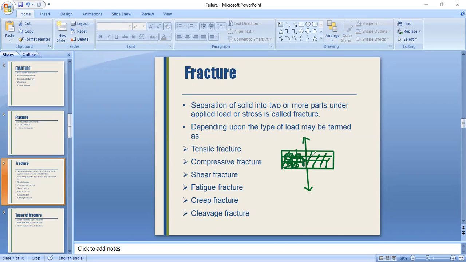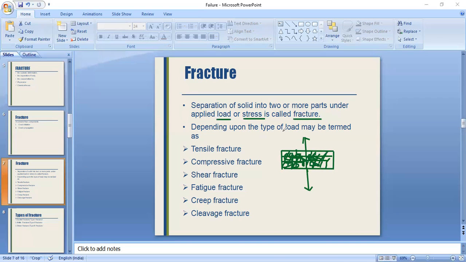So due to that, the material becomes weak and finally the material breaks into different pieces. That is what we are going to call it as fracture. These fractures are happening because of the load acting on the material, or the stress inside the material.